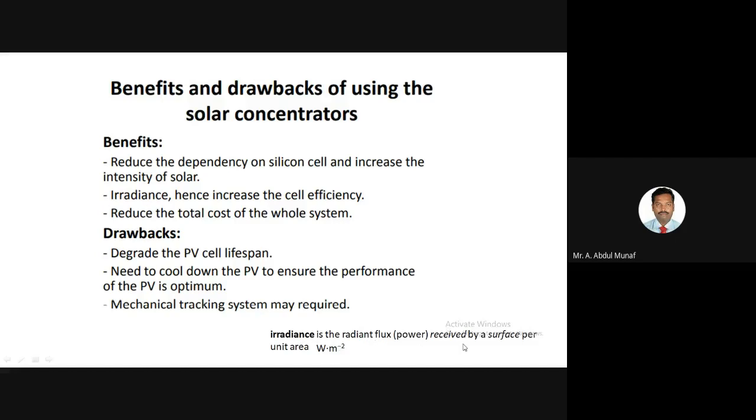Irradiance is a radiant flux received by a surface per unit area. சன்ல இருந்து ரேடியேஷன் ரிசீவ் பண்றீங்கல்ல, ஒரு மீட்டர் ஸ்கொயருக்கு எவ்வளோ வாட்ஸ் நம்ம ரிசீவ் பண்ணுறோமோ அதான் irradiance. அதான் இங்கே irradiance hence increase the cell efficiency. அந்த கிடைக்கிற ரேடியன்ஸ் செல்லோட எஃபிஷியன்சியை இன்க்ரீஸ் பண்ணும். அடுத்து reduce the total cost of the whole system. நார்மல் பிவி செல்லோட இதை கம்பேர் பண்ணும்போது காஸ்ட் ரெடியூஸ் ஆகுது.